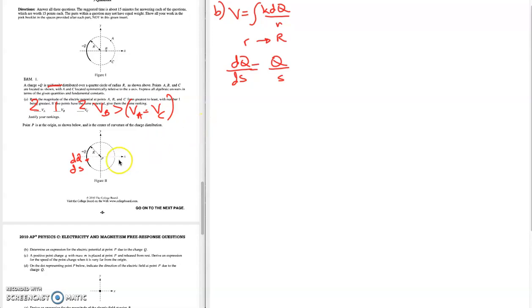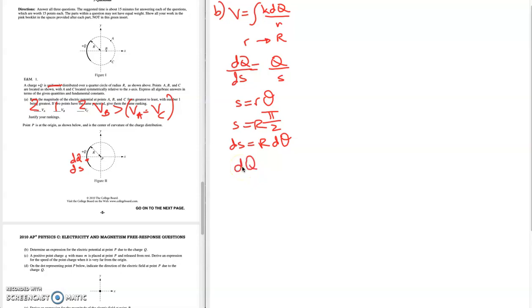Now they told us that it's a quarter circle. So S equals r theta, and a quarter circle would be pi over 2, and that's r, and that's S. So that means ds is now going to be r d theta. So let's get rid of the s's and put them in terms of r's and thetas.